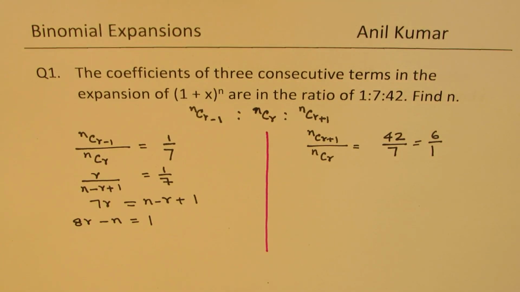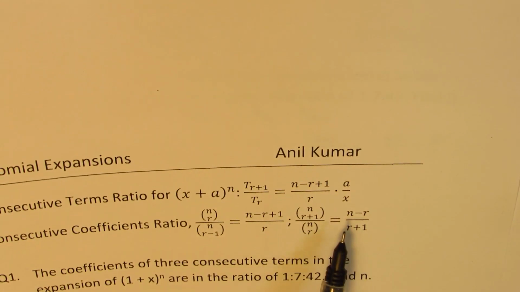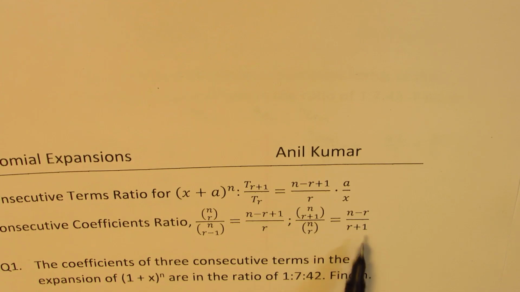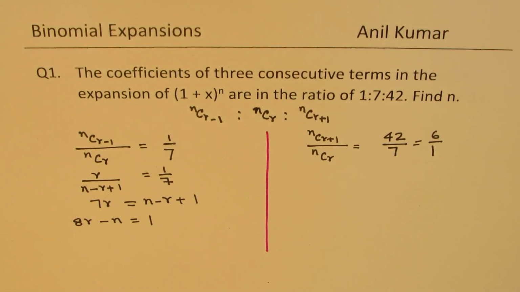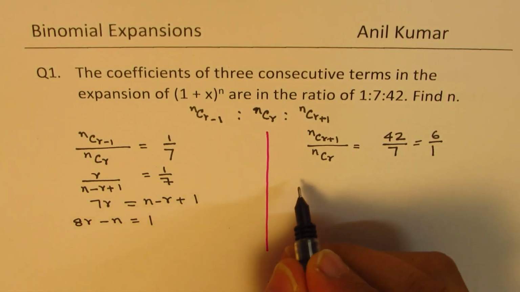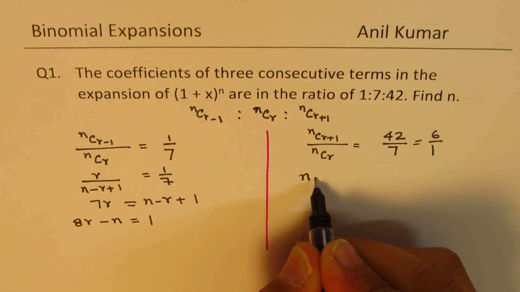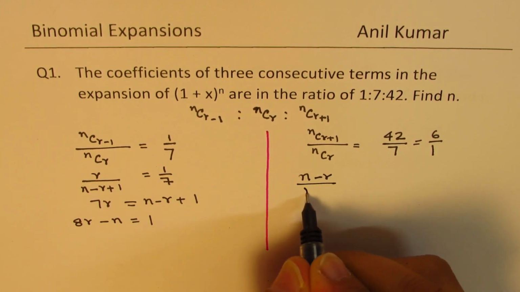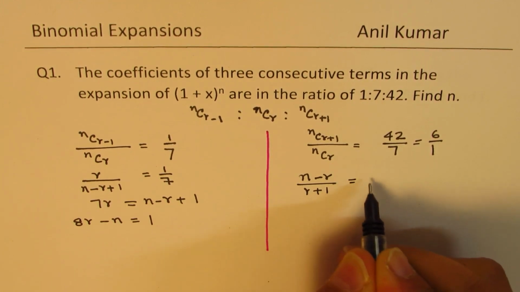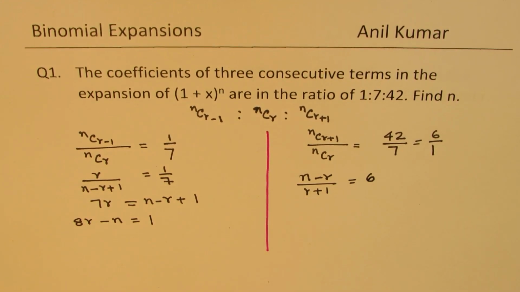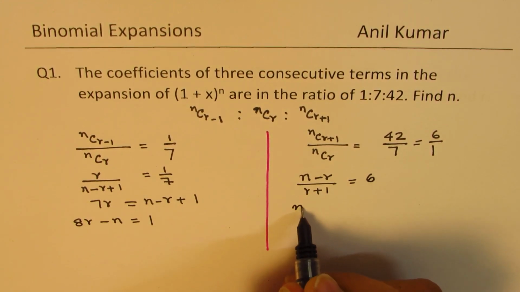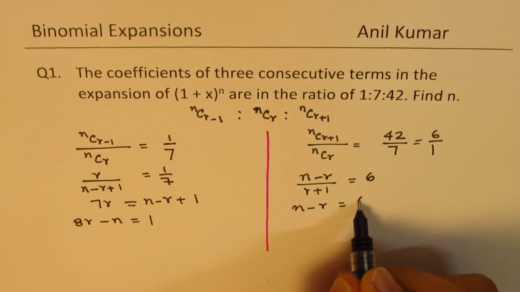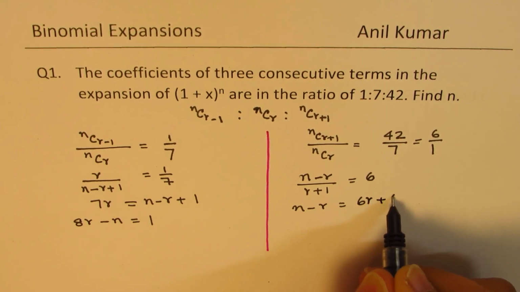Now this second formula, which is nCr+1 over nCr, which is n minus r over r plus 1, we're going to apply this and find our result, right? So we get n minus r over r plus 1 should be equal to 6. Clear? So just cross multiply, so we get n minus r equals 6r plus 6.